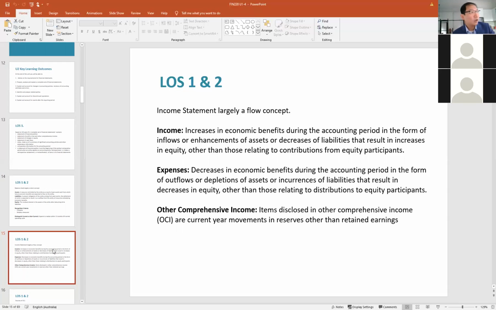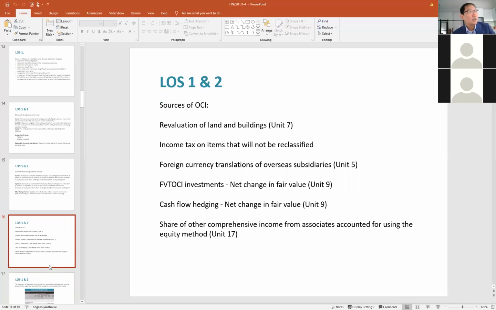And so the common examples of these events include things such as revaluation of land and buildings. So if we think about a company, let's just take Bunnings, for example, they buy a land to build their warehouse. And they bought the land 10 years ago, it was $100,000. Today, because interest rates are so low, that land is worth $1 million now.